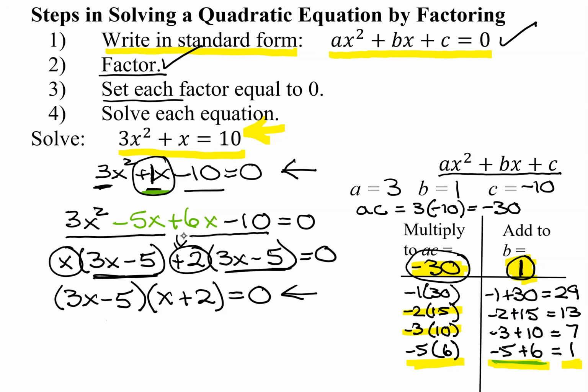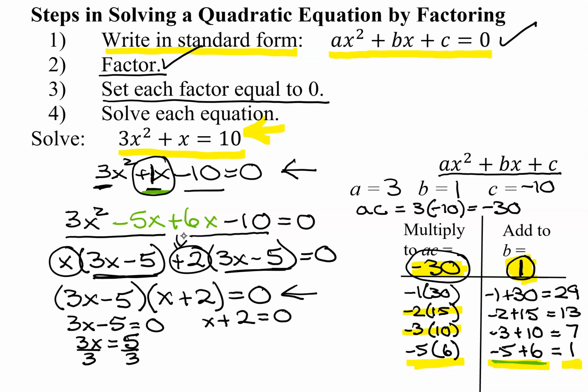So now we set each factor equal to 0. So 3x minus 5 equals 0 and x plus 2 equals 0. So add 5 to both sides. I get 3x equals 5. Divide both sides by 3. I'm running out of room, sorry. I get x equals 5/3.